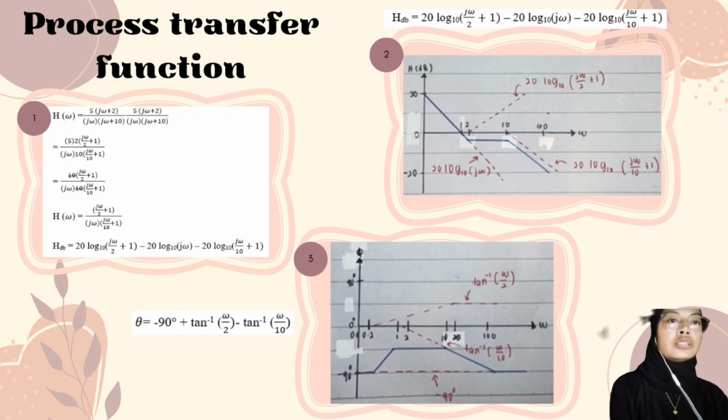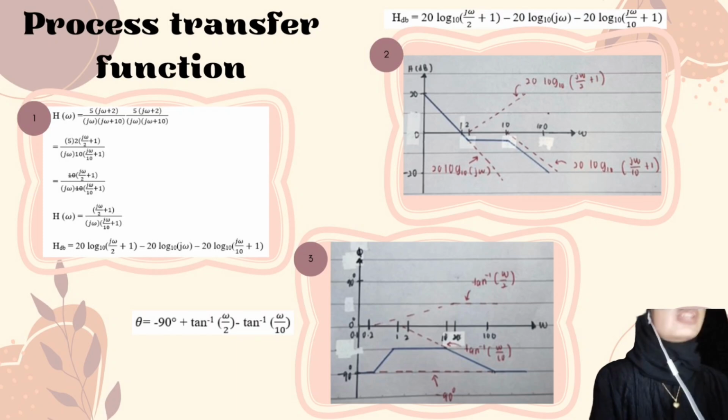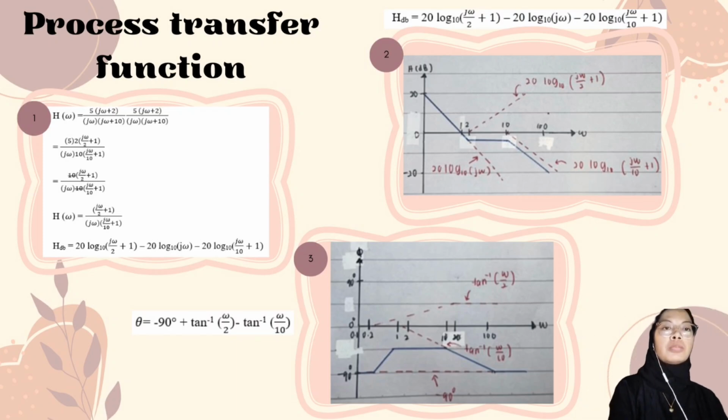After we get the answer of H in dB, we will draw a graph of H in dB, where the y-axis is H in dB and the x-axis is omega. As we know, j omega is 20 log 10 j omega, and the 20 log 10 j omega will intercept at the x-axis.